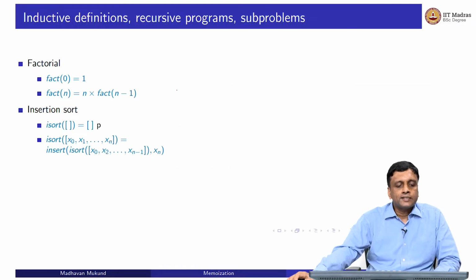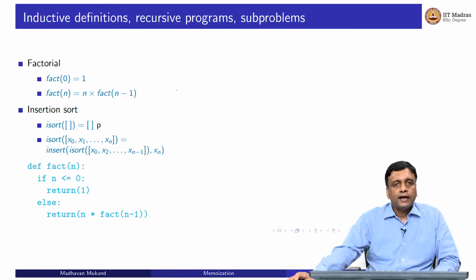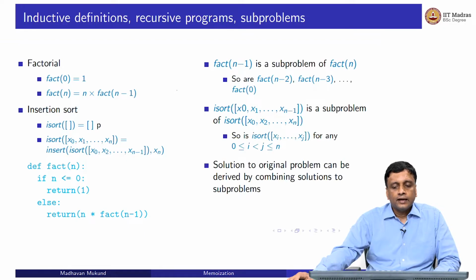Just to remind ourselves, we have these inductive definitions like factorial and insertion sort, where the value for the given input is defined in terms of sub-problems, which are smaller inputs. You can convert these into code quite easily as recursive functions. When you look at the structure of the inductive definition, you can identify the sub-problems. For factorial of n, you need to directly compute factorial of n minus 1, which in turn will require n minus 2 and so on.